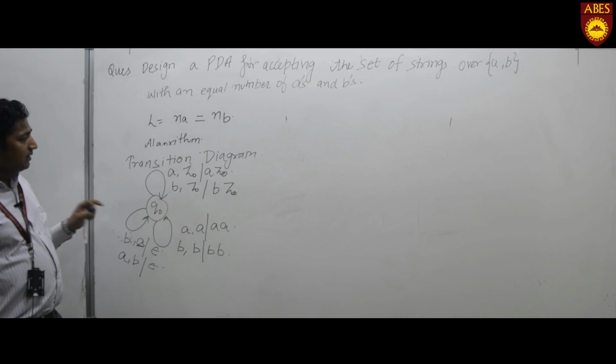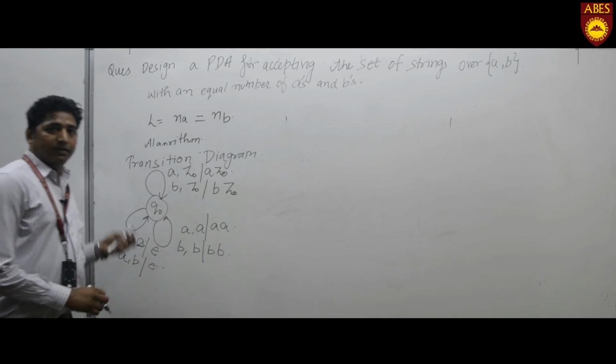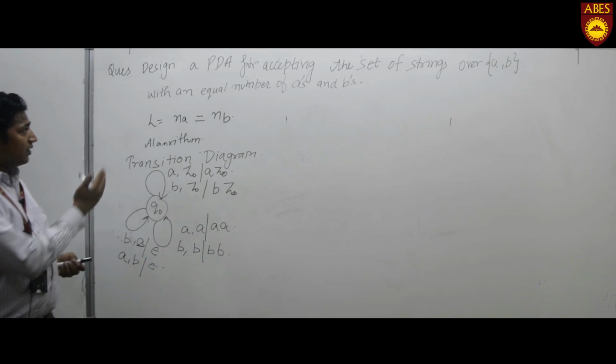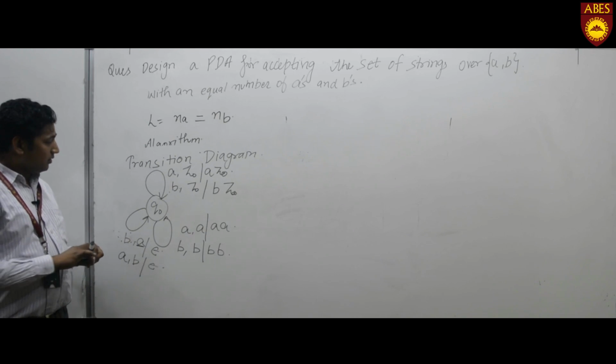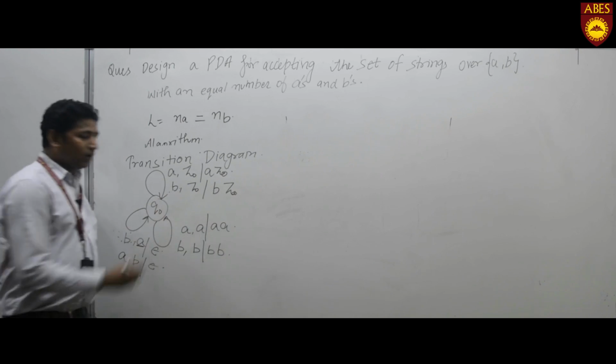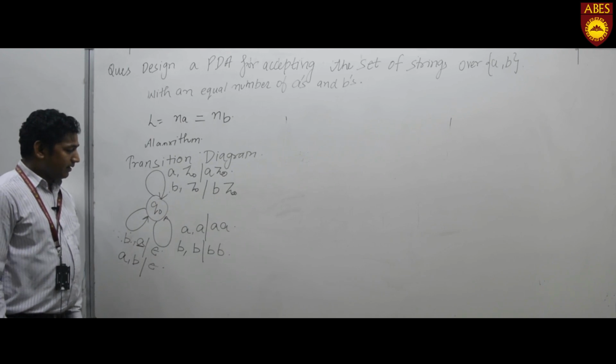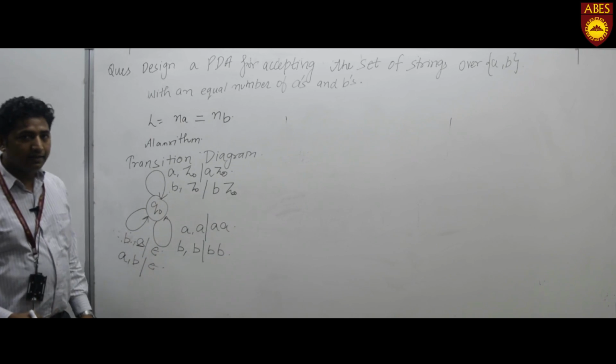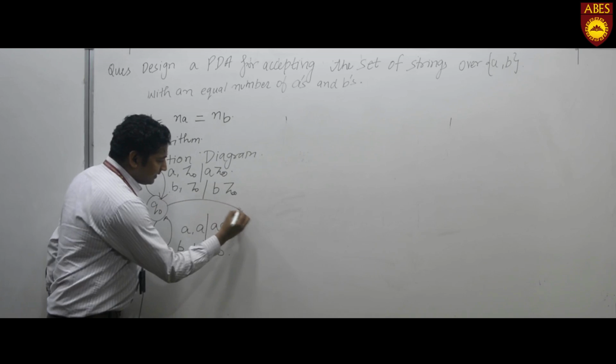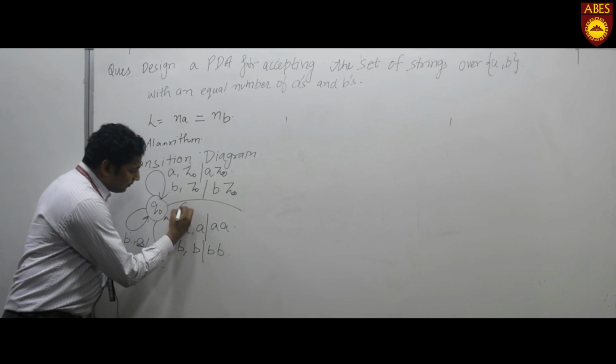So these are the 6 conditions that we will come across for solving this problem. So after all these transitions, when we don't have any input, then we'll move to a final state. For that final state, we don't have any input.